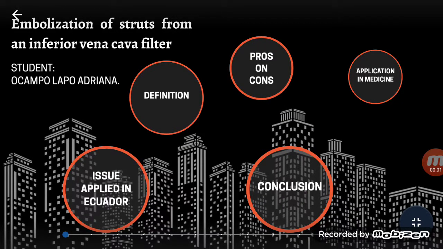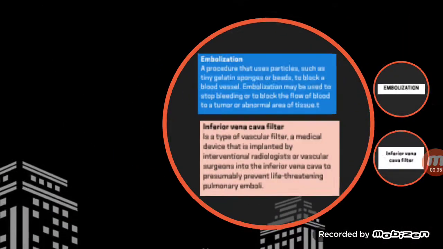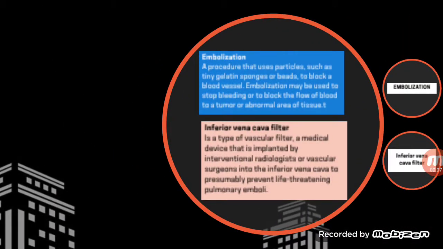Of struts from an inferior vena cava filter. Definition: Embolization is a process that uses particles, sheets, or coils to block arteries or veins and blood flow. Embolization might be used to stop bleeding or to block the flow of blood to a tumor in the abdomen area.